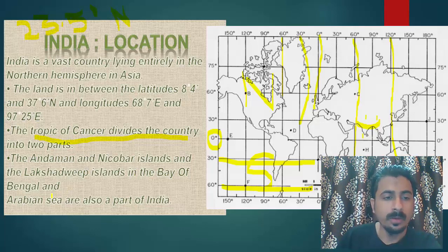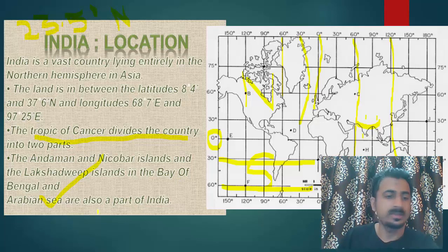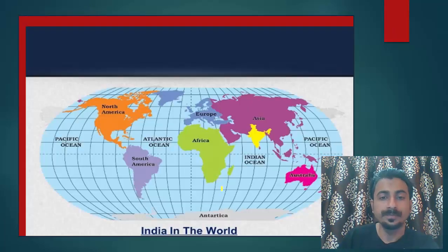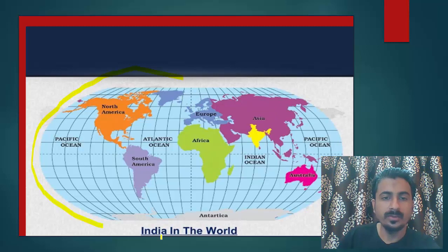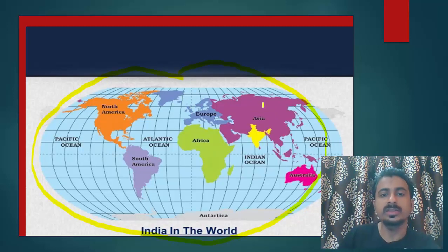Okay, now about islands we have already talked. Arabian Sea, also I told you that Lakshadweep is in Arabian Sea, which is to the west of the Indian subcontinent or Indian peninsula. You know peninsula, landmass surrounded by water from three sides. Now this also gives you a perspective of the world where India is situated.